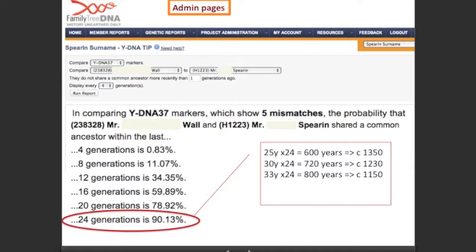If you allow 30 years per generation, 720 years brings you back to 1230. If you allow 33, it brings you back to 1150. That's at the level of your 22 times great-grandfather. And you've got 16 million ancestors at that particular level. So, but this is the one that you really want to look at.